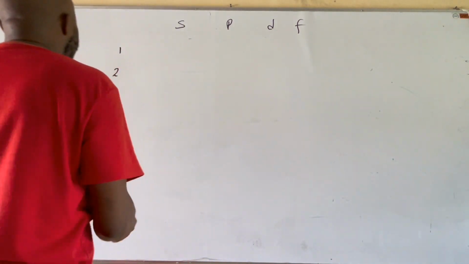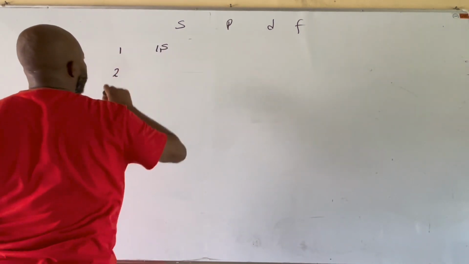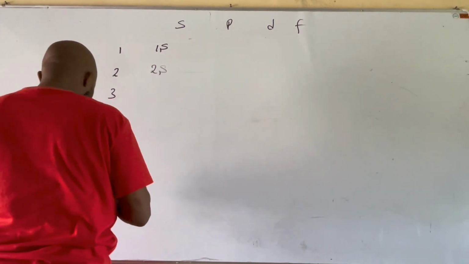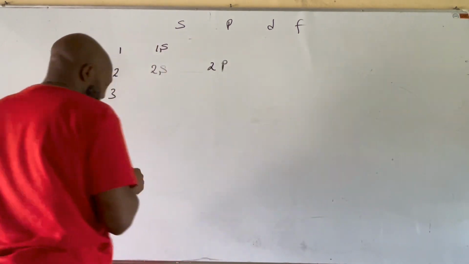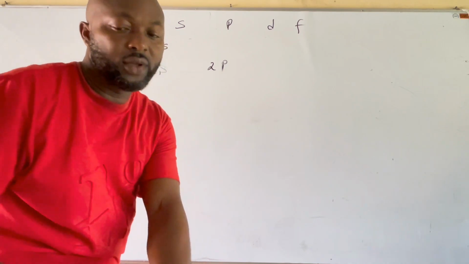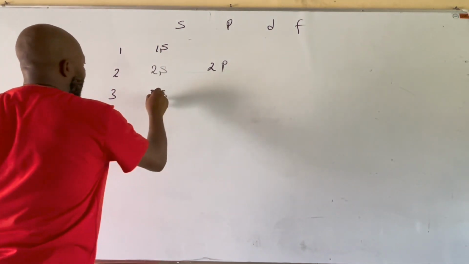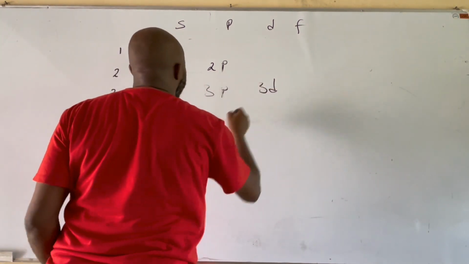So I'm going to begin. Let's start this way. We have 1S. In 2, you have 2S and 2P. In 3, we start with our 3S, 3P, and 3D.